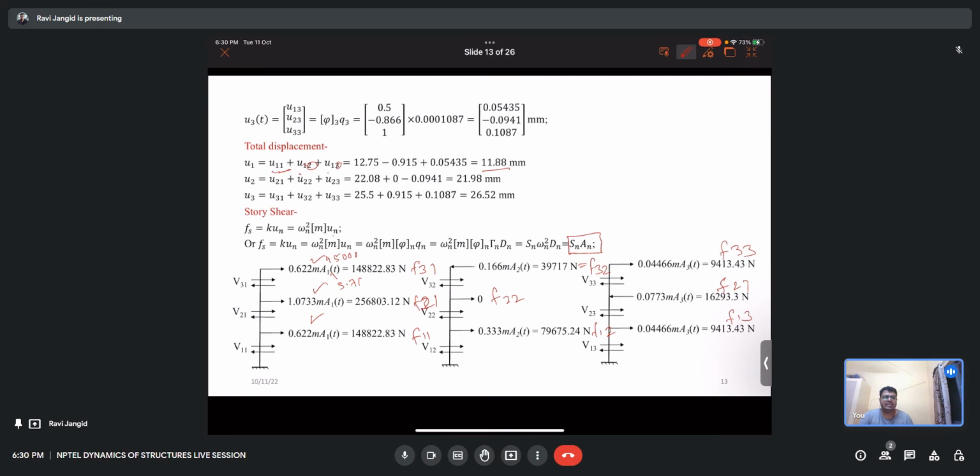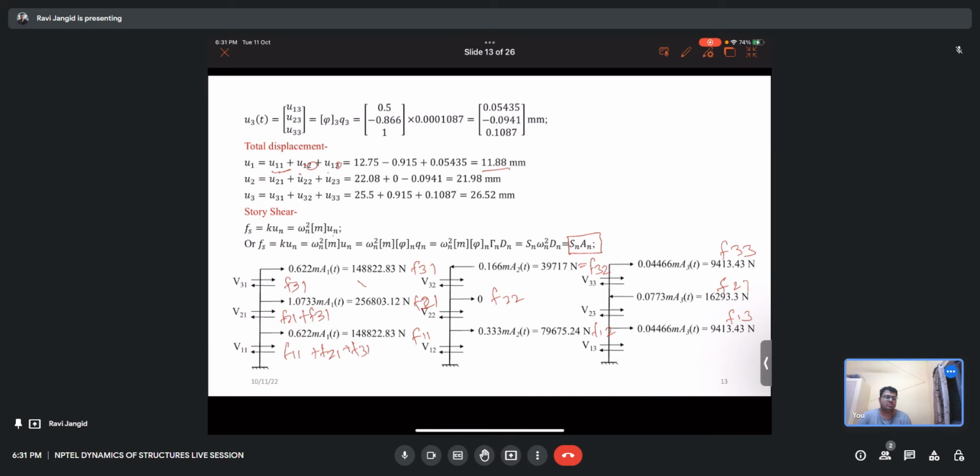Okay, so after getting these static forces, you can calculate your story shears directly: V31 is F31, V21 is F21 plus F31, and V11 is F11, F21, F31.